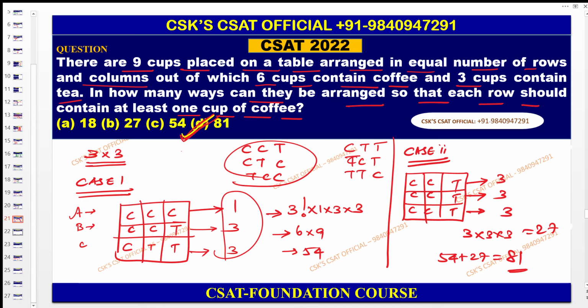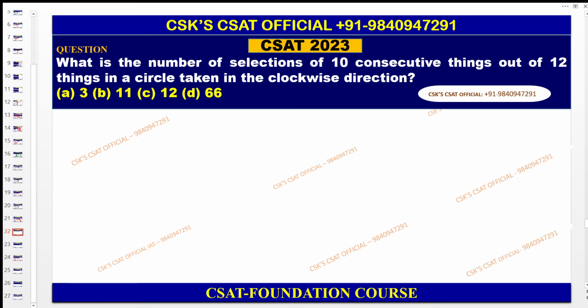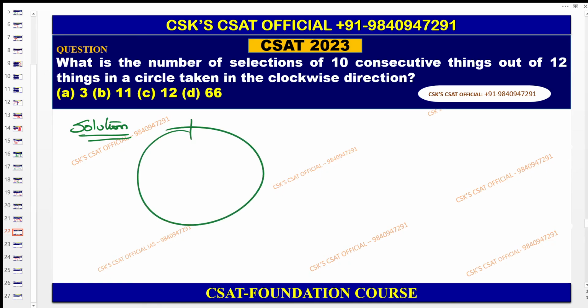Next year, 2023. Same kind of question. Okay. In 2021 you got a chess board kind of question. Here they are asking you simple arrangement. What is the number of selections of 10 consecutive things out of 12 things in a circle taken in a clockwise direction? So mark here 12, 1, 2, 3, 4, 5, 6, 7, 8, 9, 10, 11.